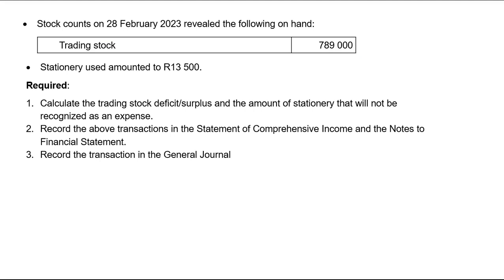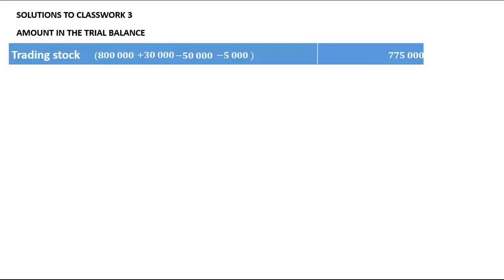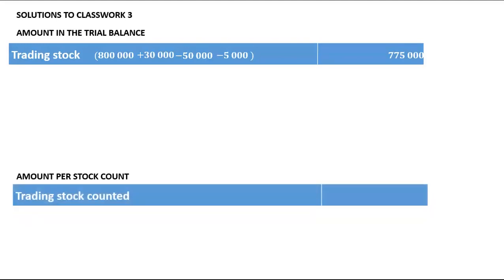We are going to compare our stock count to that 789,000, and the difference will be either trading stock surplus or trading stock deficit. Stock count is what we can rely on. The reason why it's what we can rely on is because it's physically there. Or else what we did up there, guys, is just based on source documents. It's based on receipts. It's based on invoices. It's based on credit notes.